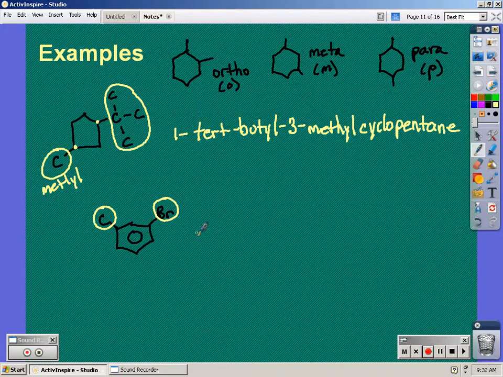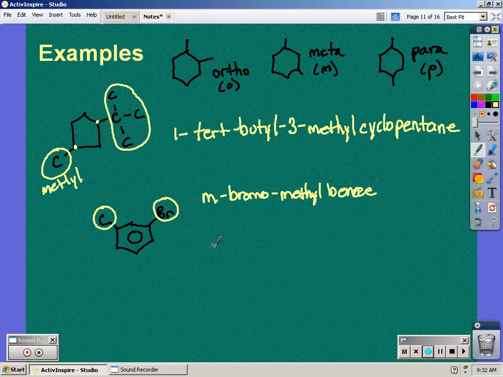So that's benzene. Now I have a methyl group and a bromine group. Notice that they're in the meta positions because there's a carbon in between. So we could call this meta, and then alphabetically bromo, methyl, benzene.